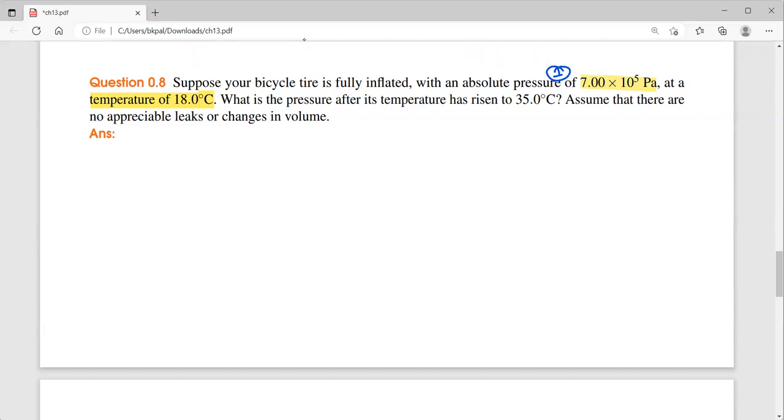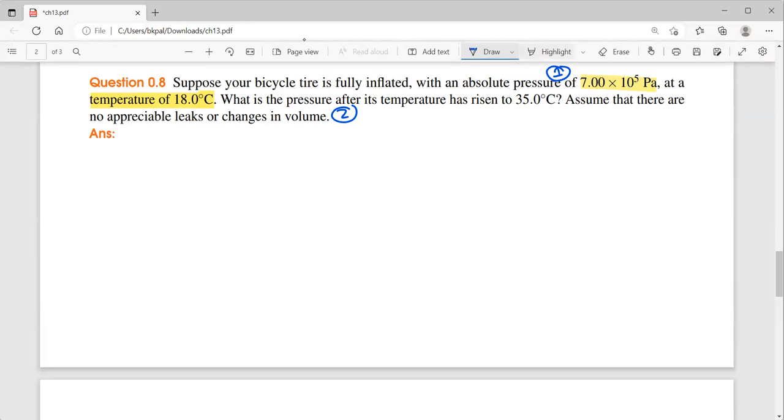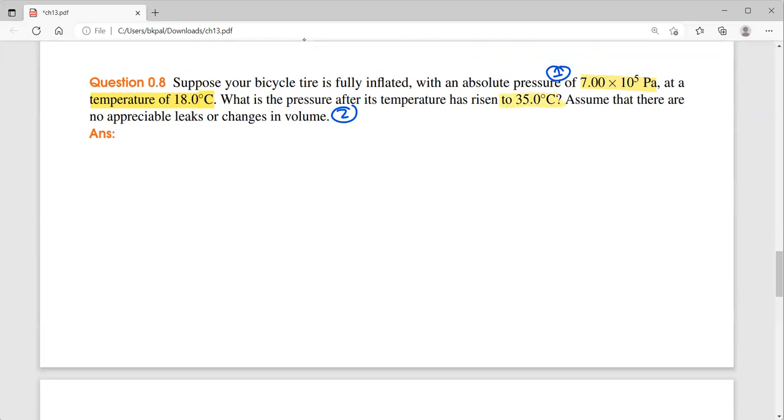So in state 1, the pressure is this and the temperature is this. Now it asks us to find the pressure in state 2, when the temperature has risen to 35 degrees Celsius. So in state 2, we know the temperature, but we do not know the pressure.